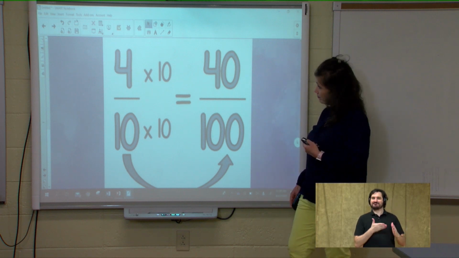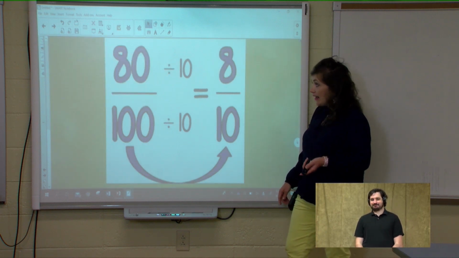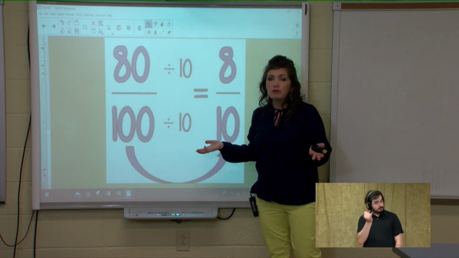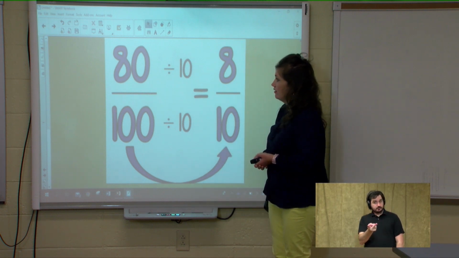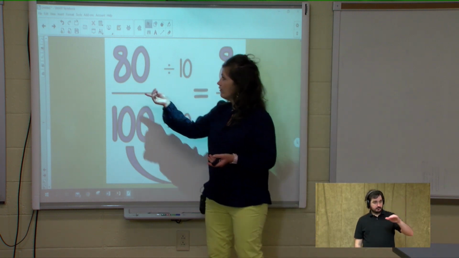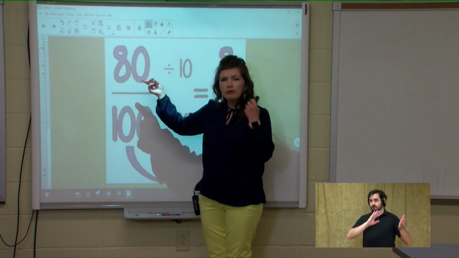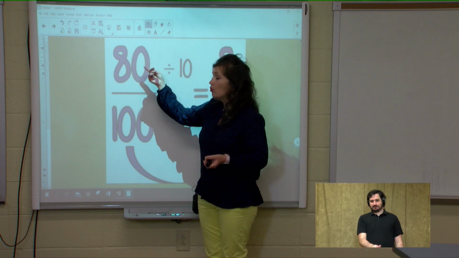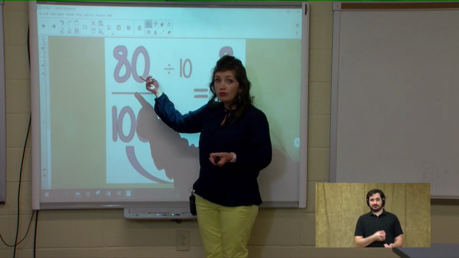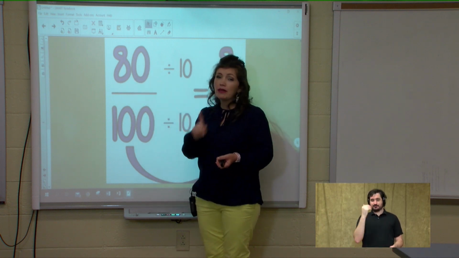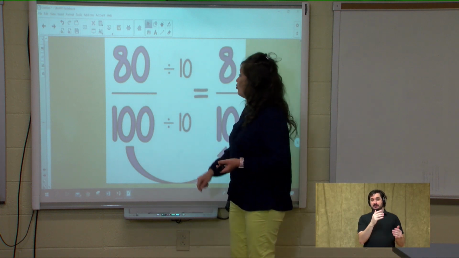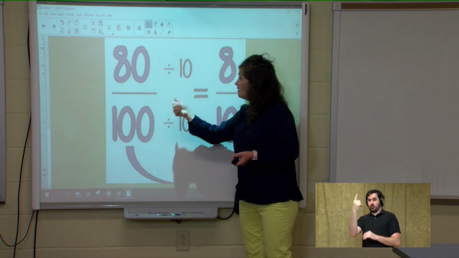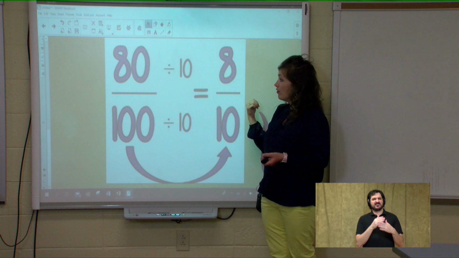All right. And let's say we were going from hundredths to tenths. Remember, if you have 80 hundredths, how many tenths would that be? Well, since we know that 10 hundredths make up 1 tenth, we could divide by 10 to get our equivalent fraction.